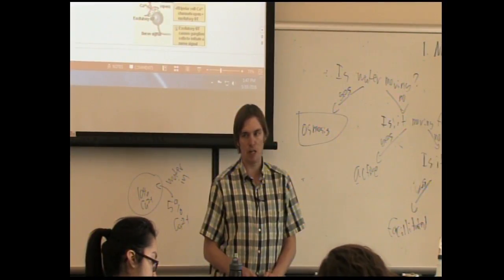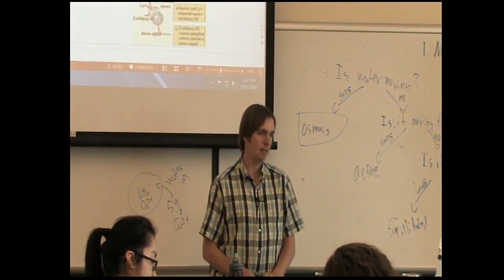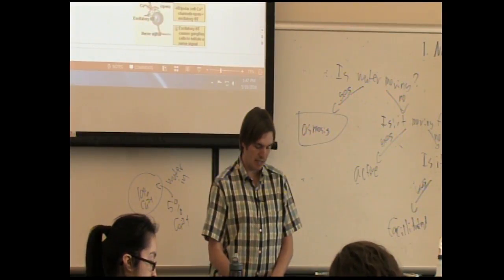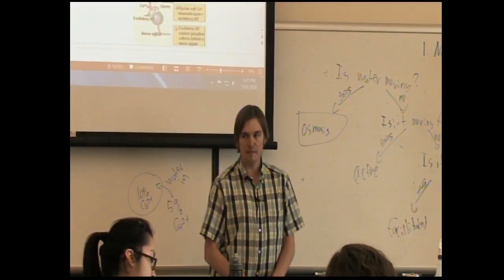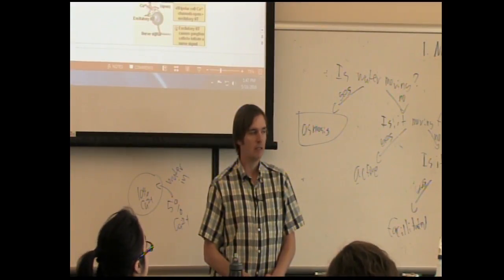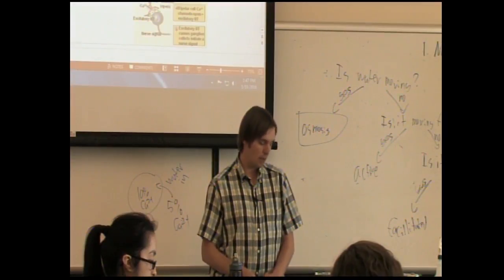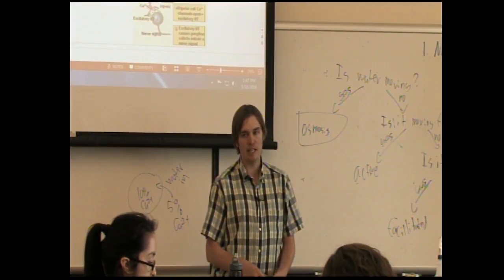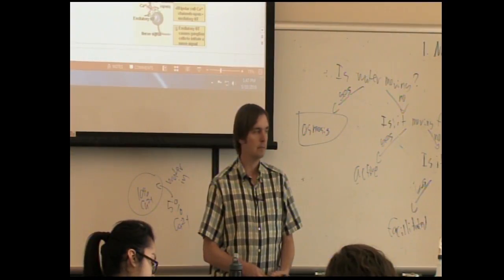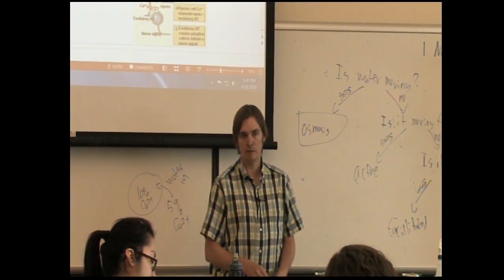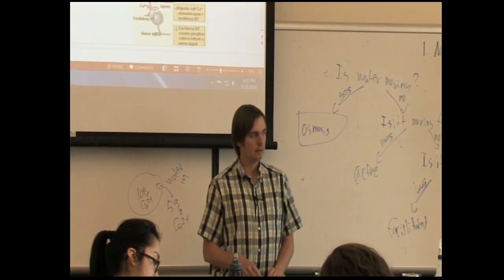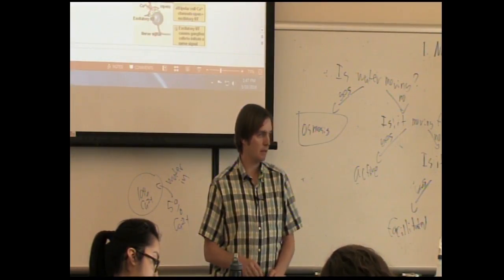And which one's stronger? Compact. And then function. Compact is for strength mostly and support. And then the spongy kind of protects the bone marrow, either red or yellow. Well, it could be red, I guess.